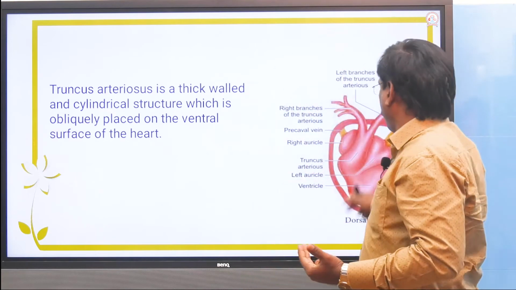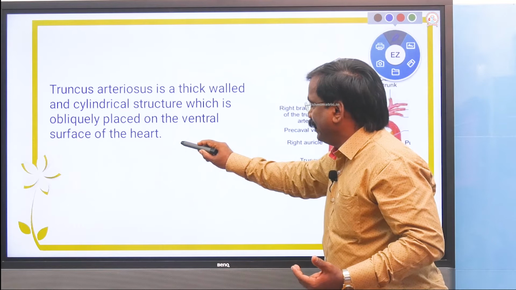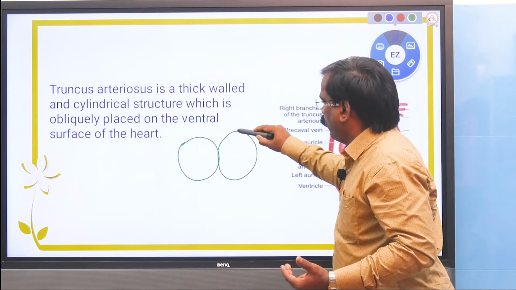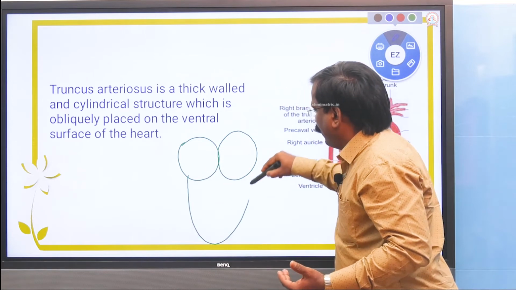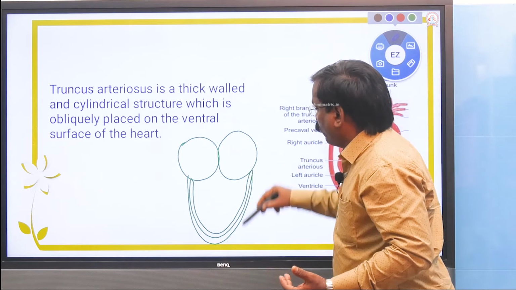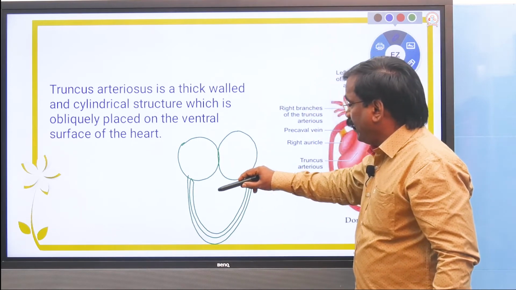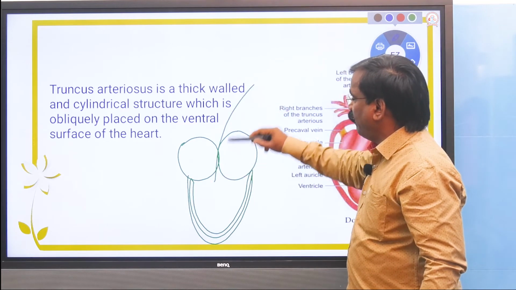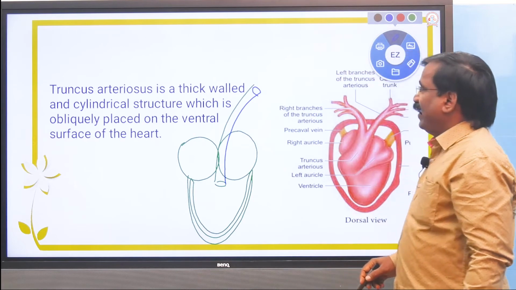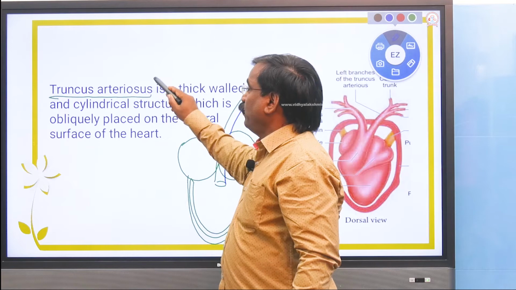I said just now, listen, it is a 3-chambered heart: two upper chambers, namely the auricles, and one lower ventral chamber, called the ventricle. So from the ventricle a blood vessel arises, and that is called the Truncus Arteriosus.